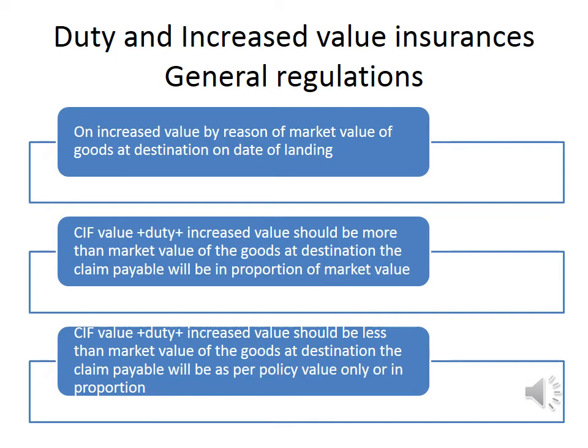So the concept in marine insurance is sound market value. I'll give you an example. If I have taken increased value on, say, steel, I know that when I'm importing the steel the prices are rising. So I have taken the insurance CIF plus duty plus increased value, which is coming to say 120 rupees per kilo.